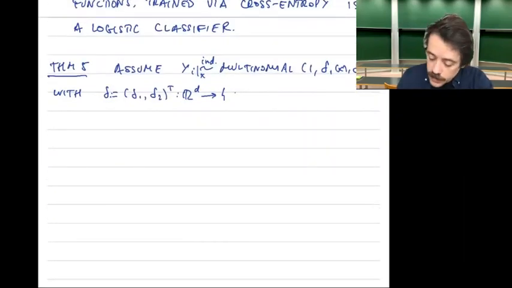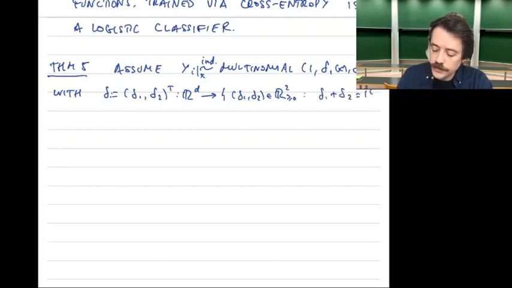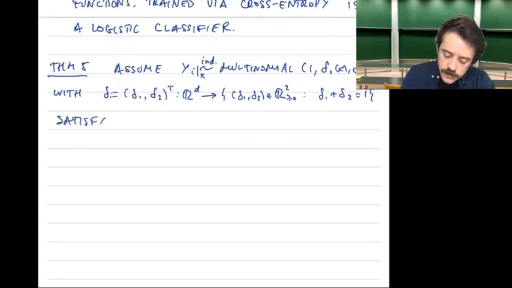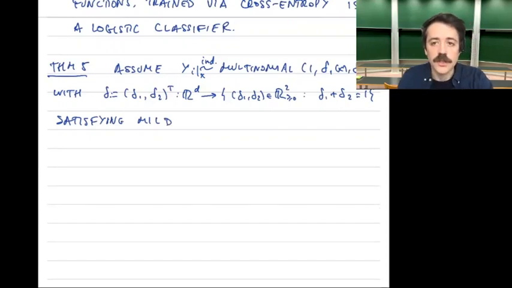So this is going to be the vectors delta 1, delta 2 in the non-negative reals in 2 dimensions such that the sum is 1, satisfying some mild regularity assumptions, which I'm not going to go into. If you're interested, you can see the paper, which I will include in the bibliography.